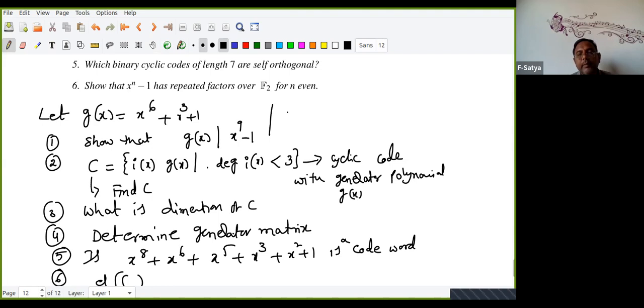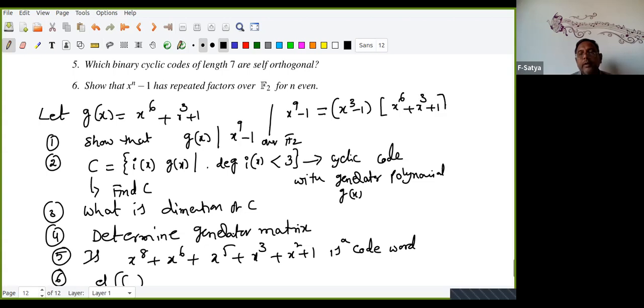Can we factor x^9 minus 1? So we are working in F2. How do you write x^9 minus 1? It is x^3 minus 1 times x^6 plus x^3 plus 1.